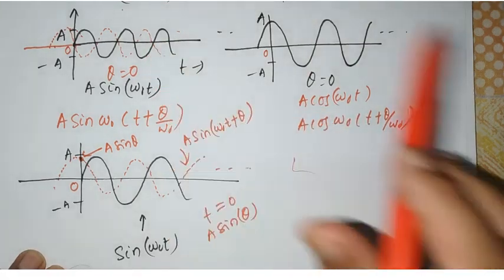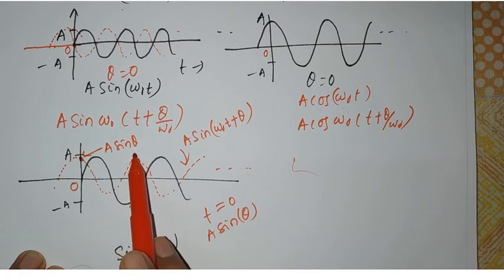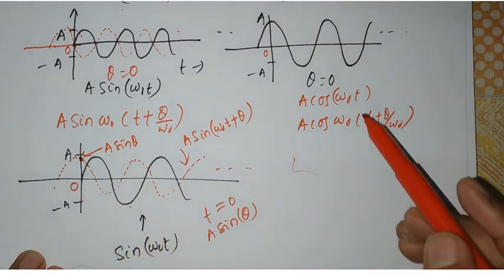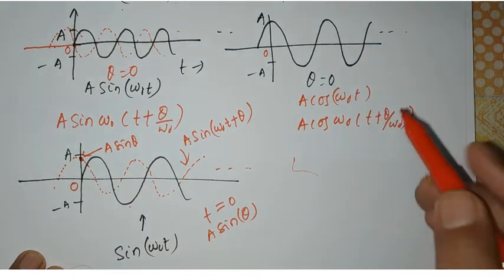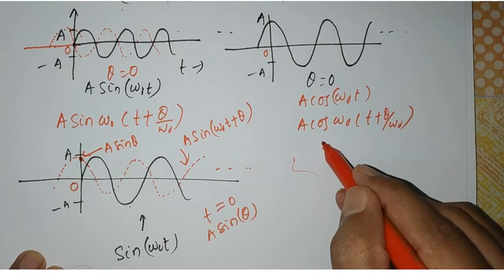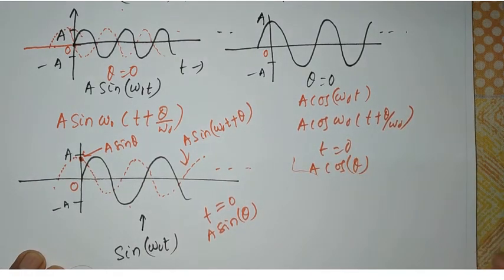Clear? That's why this graph is not exact. This is also an approximate plot, because we don't know the value of theta. A different value of theta will give a different type of plot. The same thing applies for cos also. In the case of cos, when t equals 0, what will we get? A cos of theta, okay.